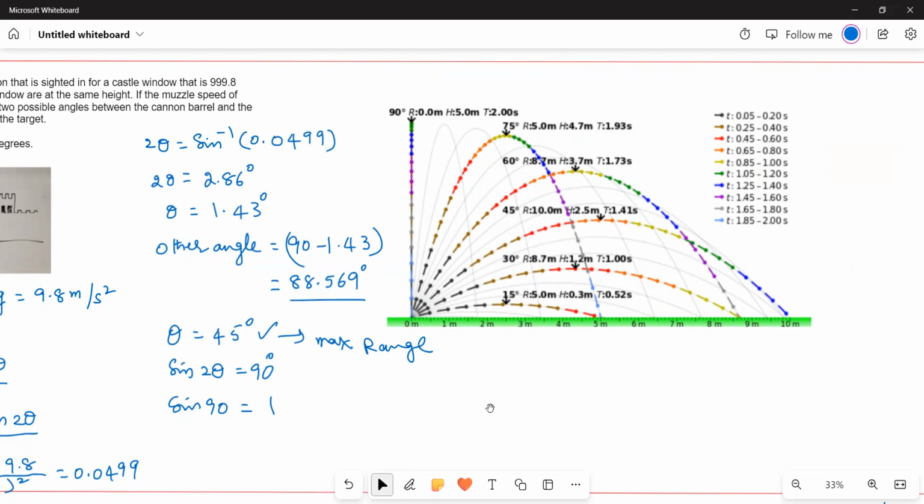To cross the boundary, the batsman has to hit the ball at 45 degrees. Then it will have the maximum horizontal displacement, or x direction displacement, and it crosses the boundary. For any other angle less than 45 degrees, it will fall within the boundary.